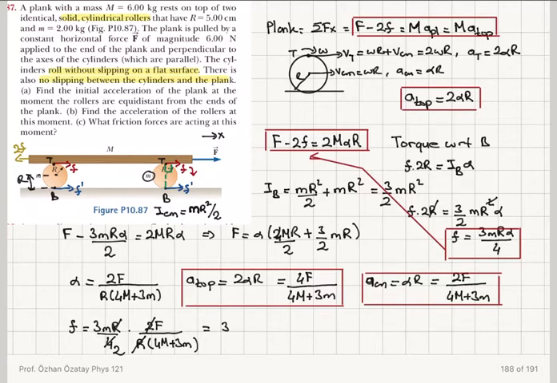So these r's will cancel. This 2 will give me a 2 here. So it's going to be equal to 3FM over 8M plus 6m.